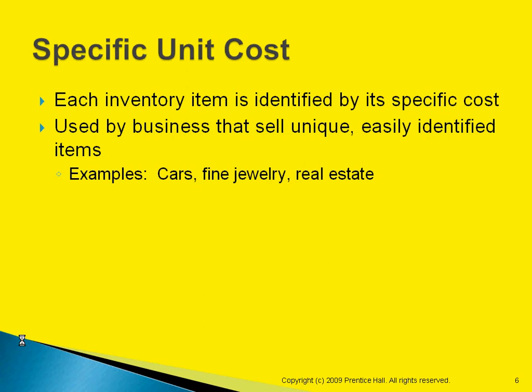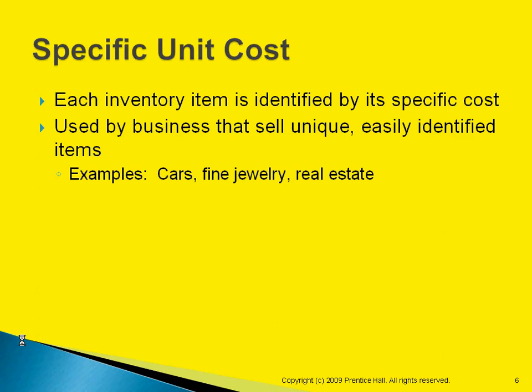Okay, if you buy a widget for $50, when you sell that widget, that $50, the cost associated with that specific widget, is transferred to the cost of goods sold. Okay, so that's what specific unit cost is. Whatever the unit cost of the item you sold is automatically transferred to the cost of goods sold when we have somebody buy that item.